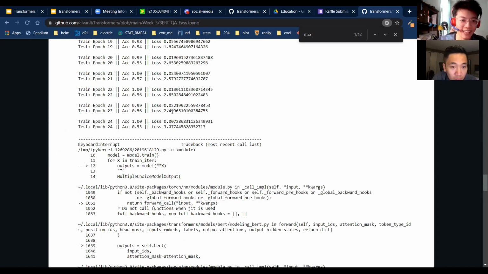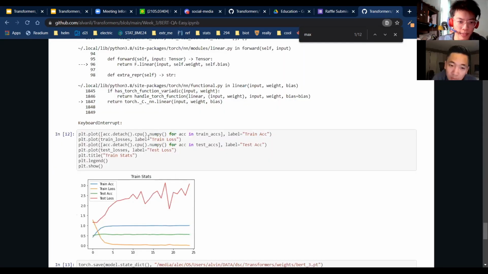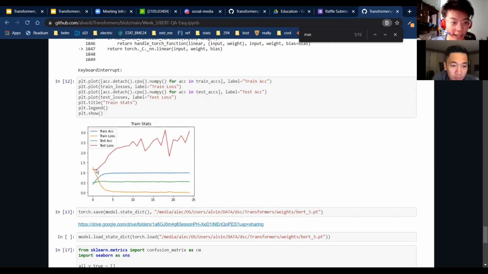We call this overfitting, because the train accuracy is increasing to 1, which is the best, but the test accuracy is not increasing by a lot. At this stage, the BERT model is just memorizing the answers from the input we give it. In a later part of this session, I'll talk about how to deal with overfitting.